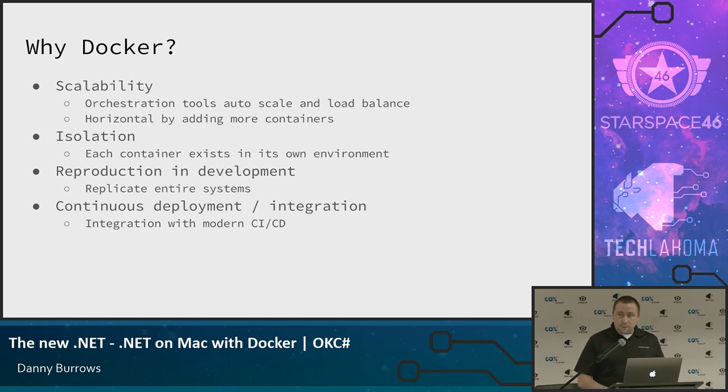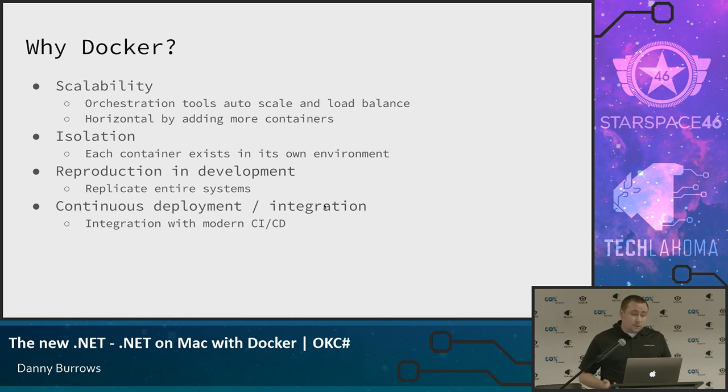There are orchestration tools that allow you to auto-scale. They load balance, they can spin up new services, spin down services, all with just a couple clicks of a button, where you can set up rules to do this on your own. It's horizontal. If you need more throughput, like in an API, you just add another container, right? It's pretty simple, pretty straightforward, and very scalable.